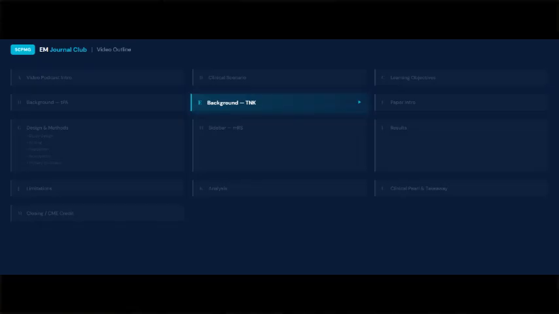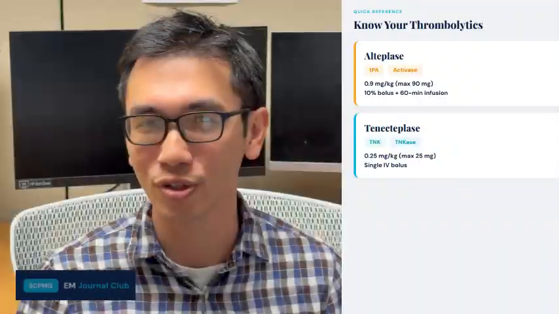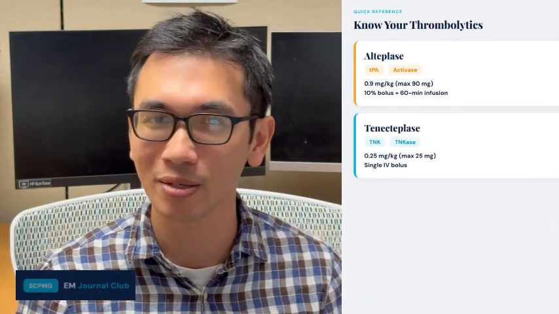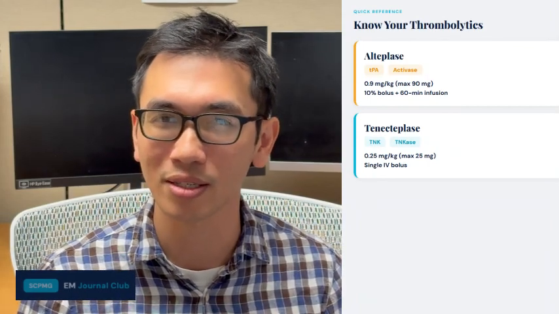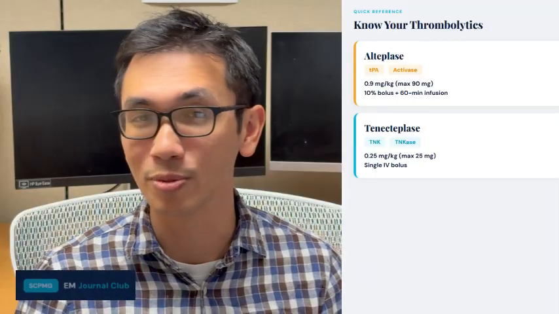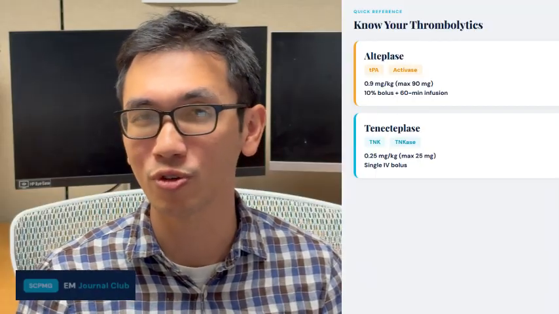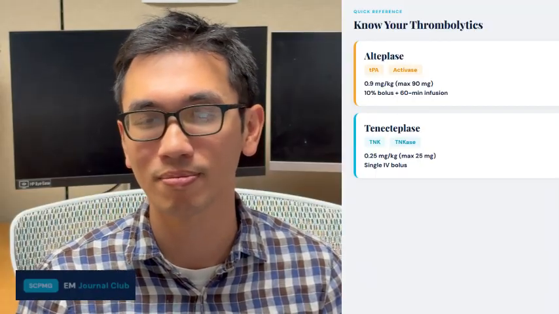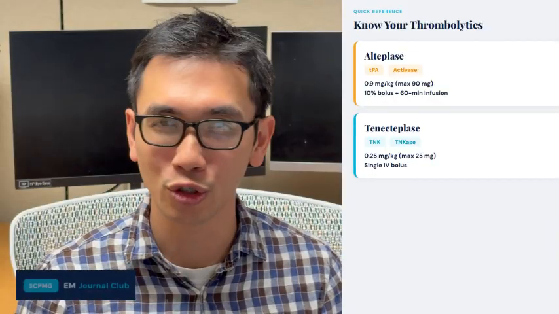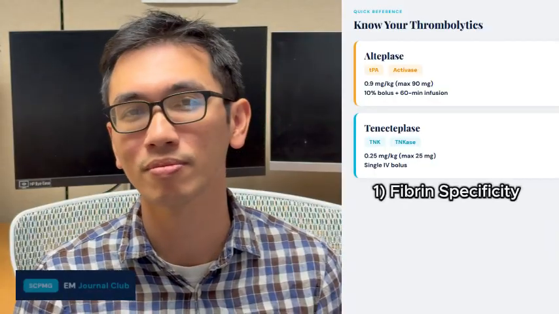Enter Tenecteplase, TNK. It's a genetically engineered variant of Alteplase. Same family, but modified in 3 places on the molecule. These modifications give it 3 important pharmacological advantages. Let's take some time to nerd out about these differences.